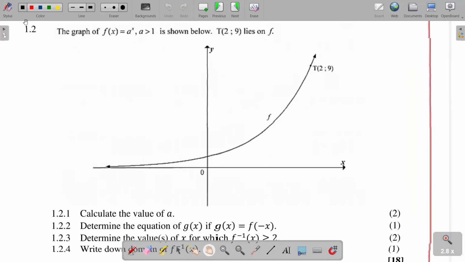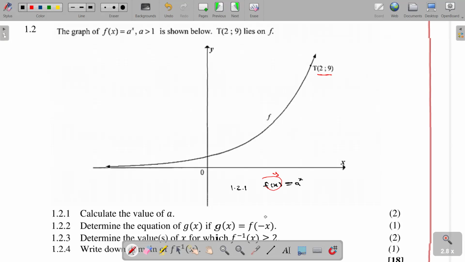So for you to calculate the value of a, it simply means you have to take your equation. So 1.2.1, we are going to take our fx equal to a to the power x. But bear in mind, our fx here is the one which represents our y. So we have to substitute the point that we are given in that function.